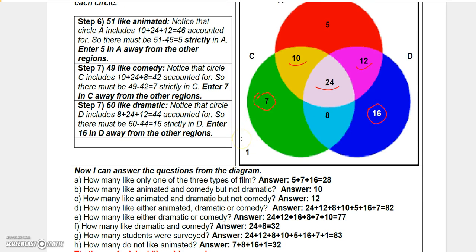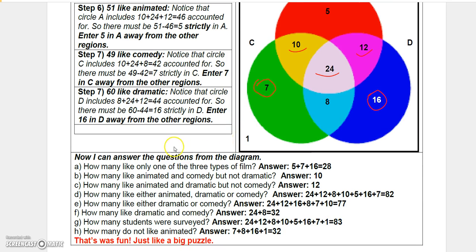So now you can answer the questions here. How many like only one of the 3 types of films? Well, that would be the 7 plus the 5 plus the 16. If you add those 3 numbers up, you get 28 for the total that like only one of the 3 types of films.